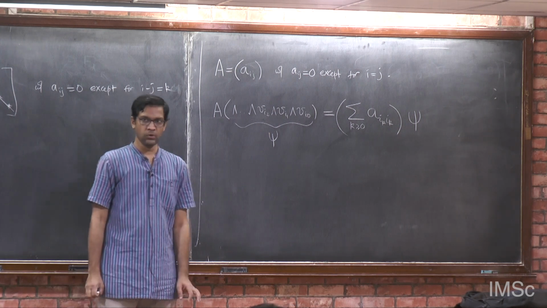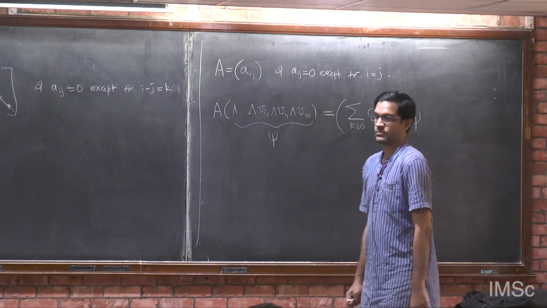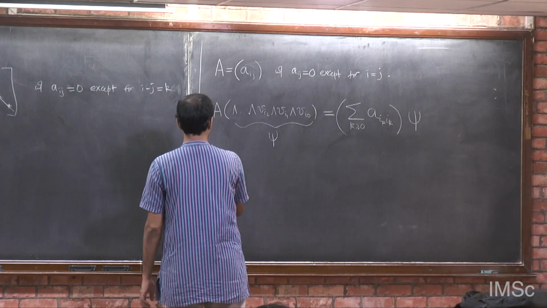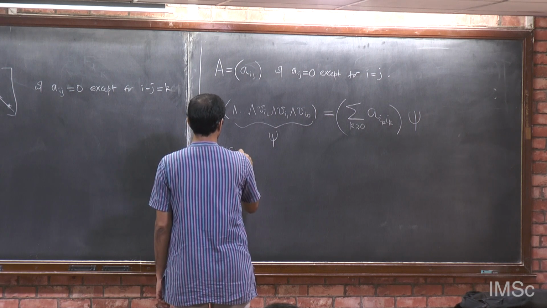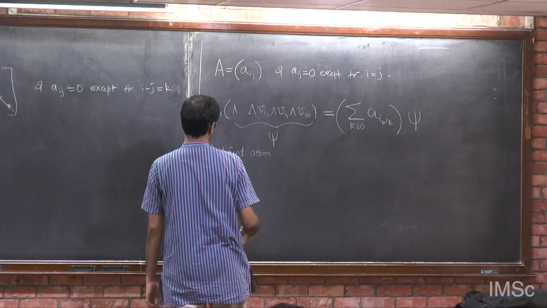Okay? So what we do now is the following. We modify the definition of the action. So this action won't work, so I'm going to modify the action. Here's a modified action of such matrices, the principal diagonal guys.